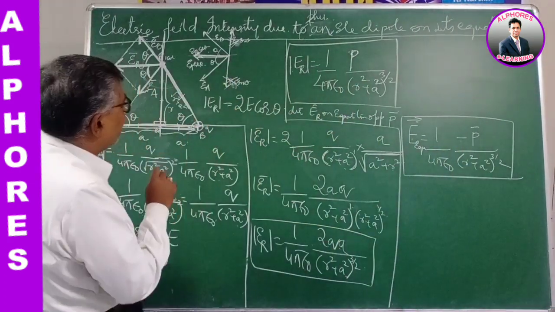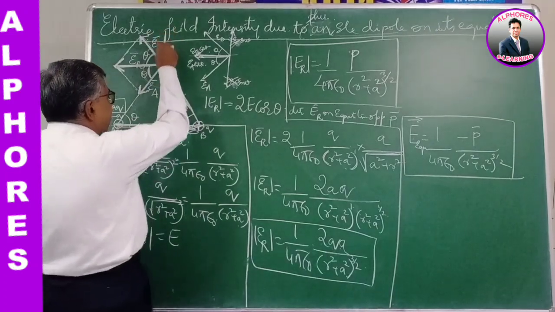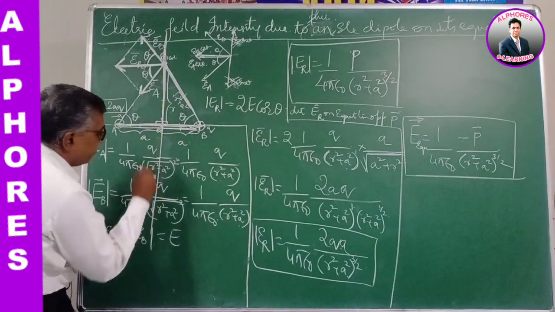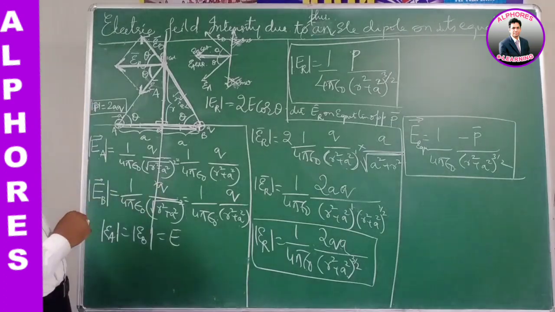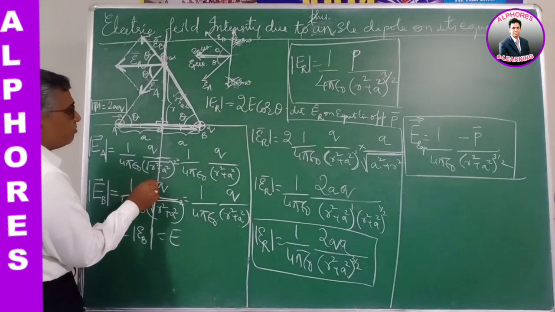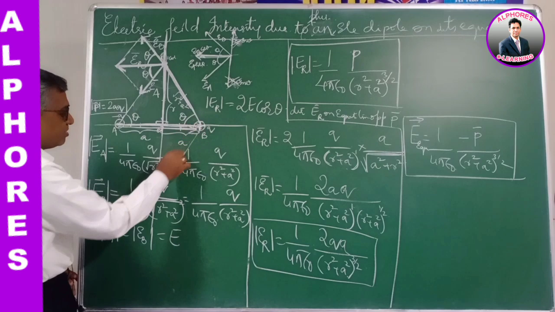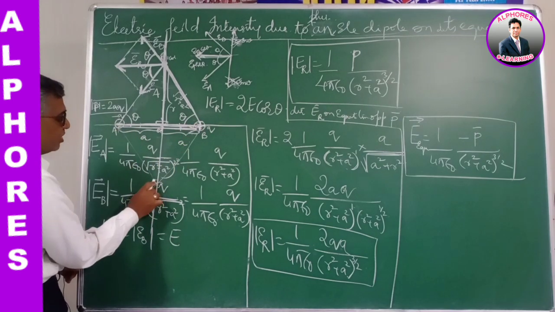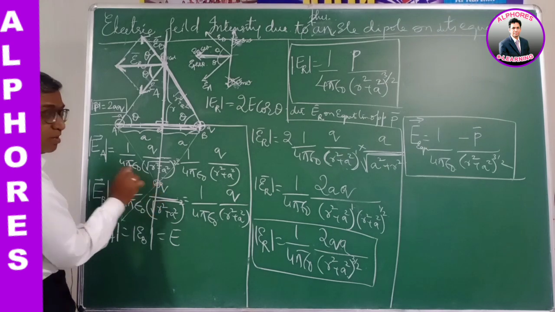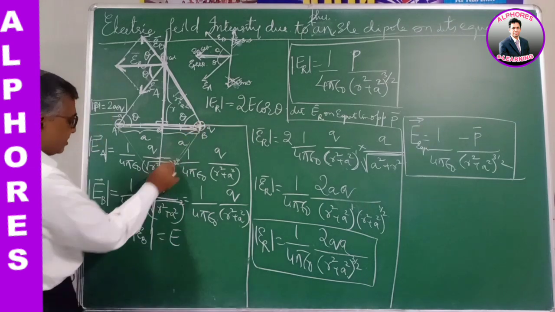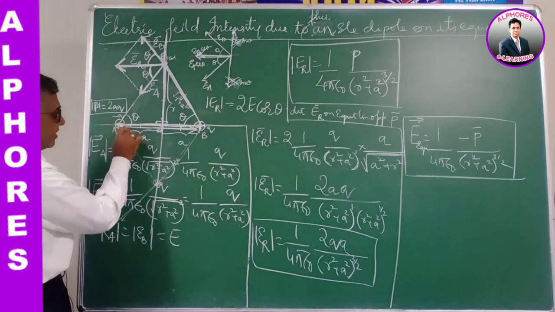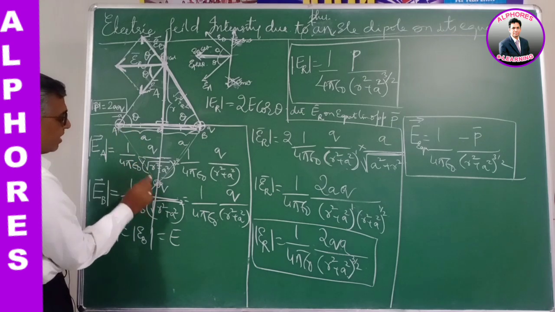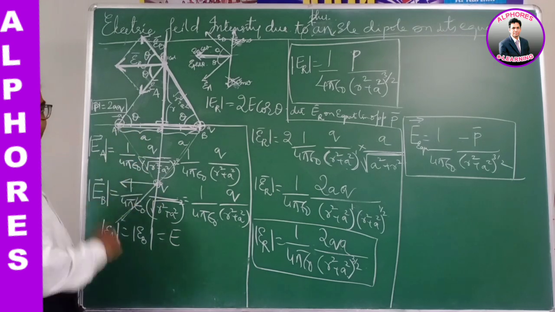At any point you consider, whether it is on that side of the dipole or this side of the dipole, even if you imagine a point of the dipole here, the direction will be, you see, this positive charge will repel, this negative charge will attract the test charge. If I imagine a positive test charge, positive will repel, negative will attract. These two are vectors, two sides of a parallelogram. The resultant will be like this.